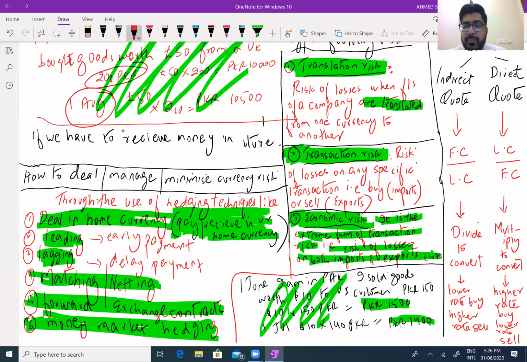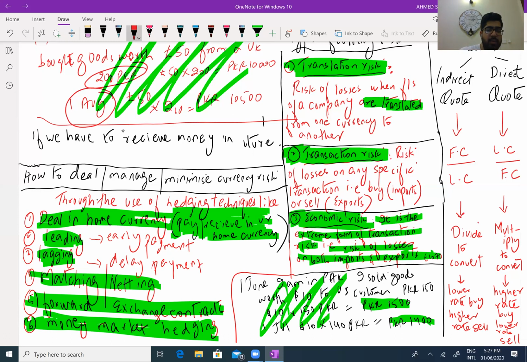For example, you had to pay on 1st July, but the rates were adverse. Request the supplier, okay, I will pay you after 10 days. In the next 10 days, currency rates go slightly down, you pay, and you save money by delaying. This is called lagging. So the first technique is to deal in home currency. If I pay and receive in my local currency, there is absolutely no chance I face any risk. Leading is early payment, and lagging is delayed payment.